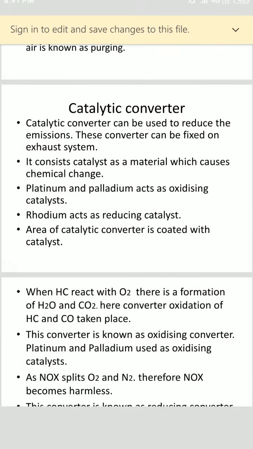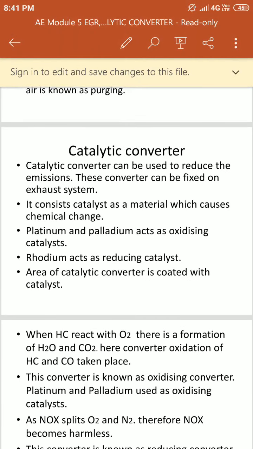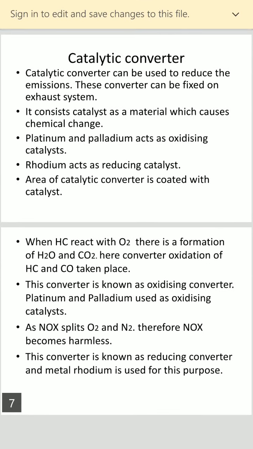Next, we discuss the catalytic converter. This is important. It is used for reducing the emission. Mainly, the converter is fixed on the exhaust system. It is necessary because we have to reduce the emission.